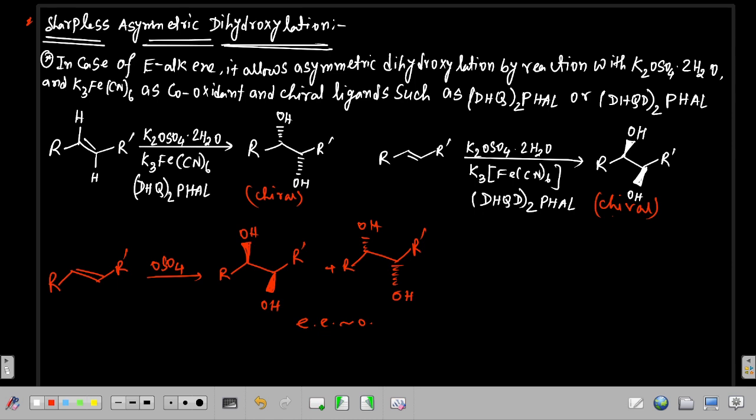Here you see this is acting as a dihydroxylation agent, K2OsO4, and it will be converted to OsO4. And this potassium ferricyanide is acting as an oxidizing agent.